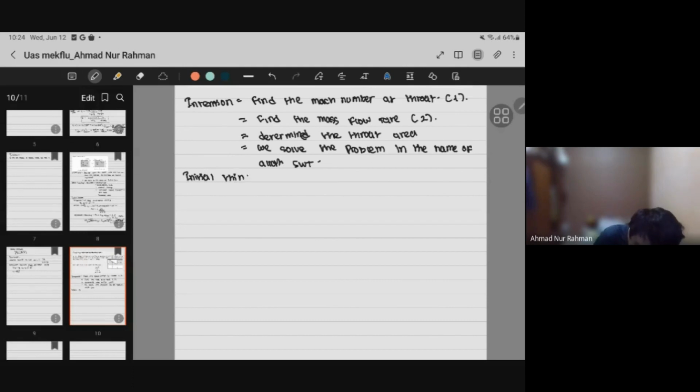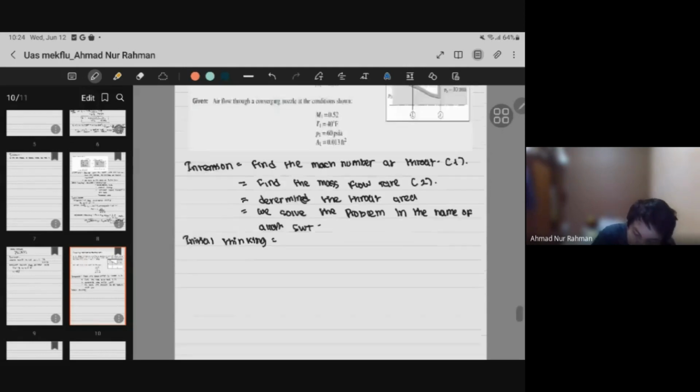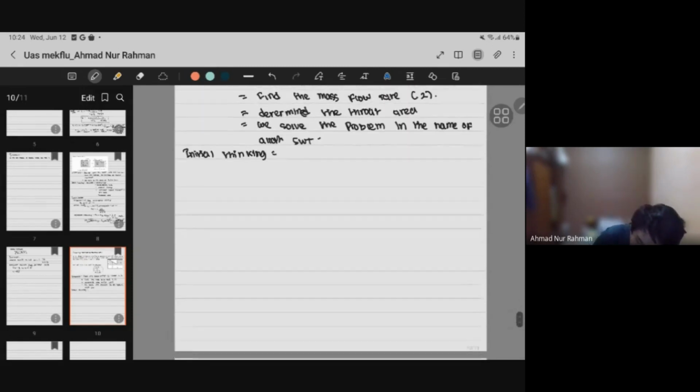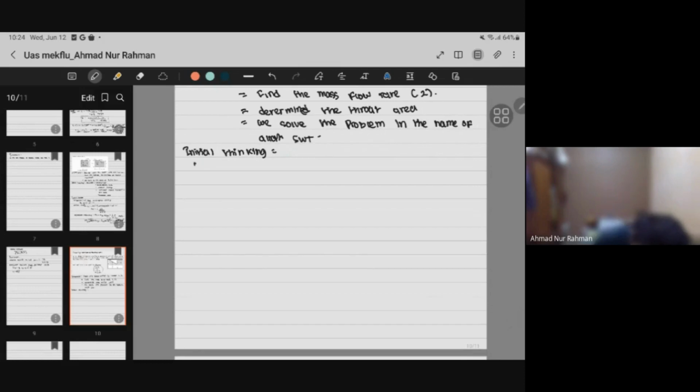In initial thinking, we describe the given data.